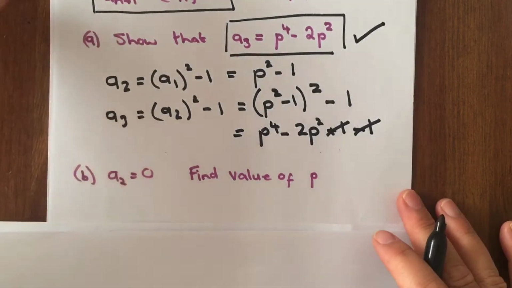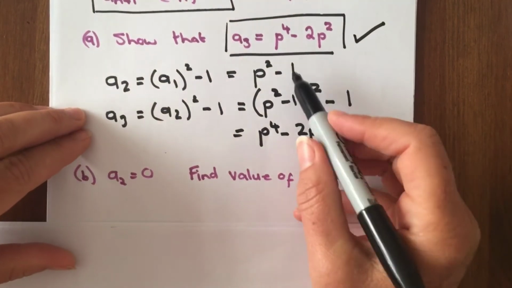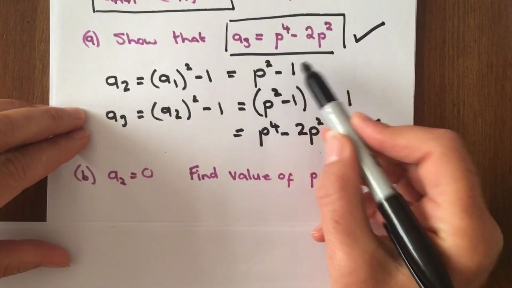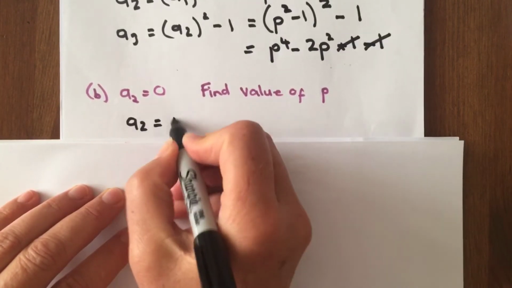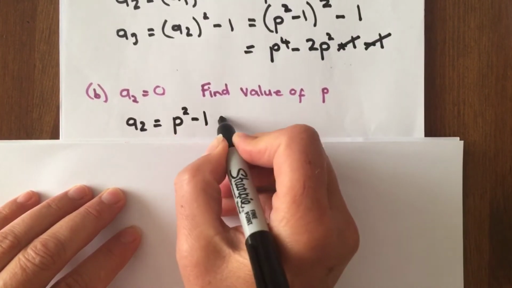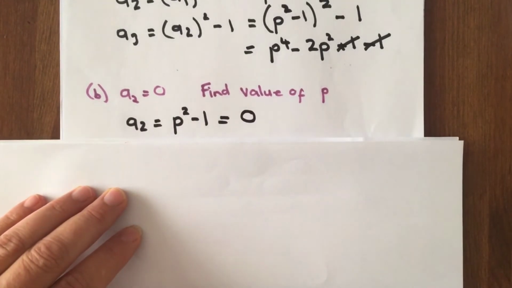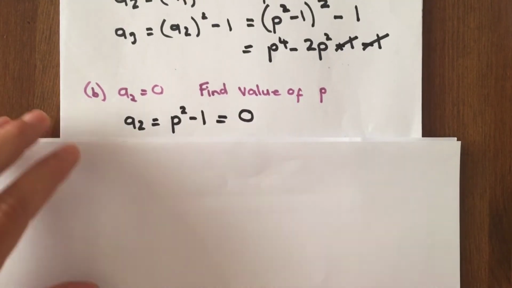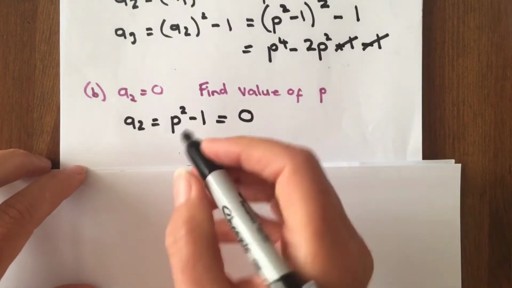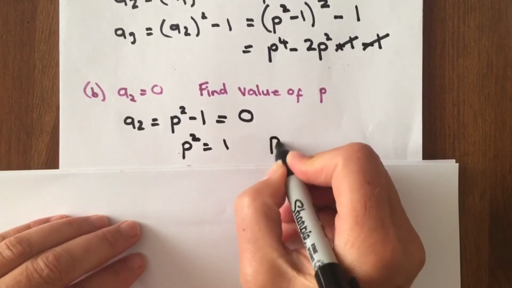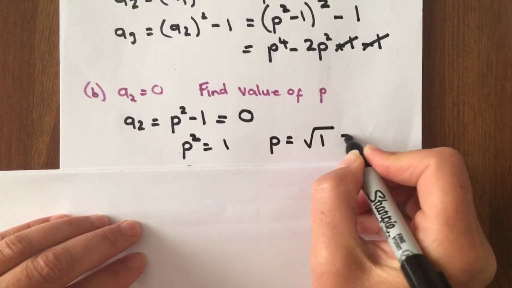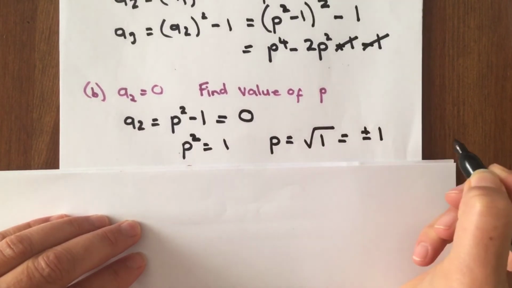Right, okay, so I know the formula for A2 is P squared minus 1. So I know this, and I know I'm told it's equal to 0. So therefore if I add 1 to both sides, I get this, and P will equal the square root of 1, which is plus or minus 1.